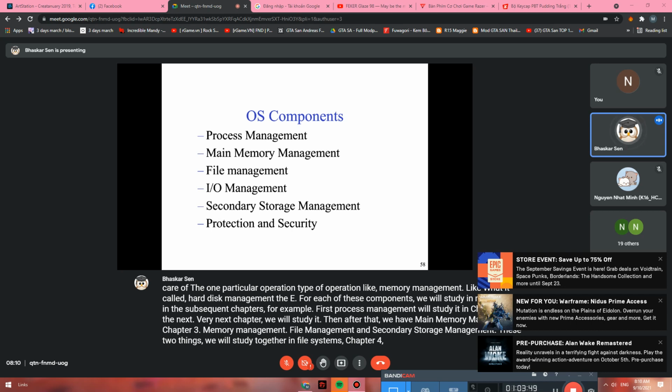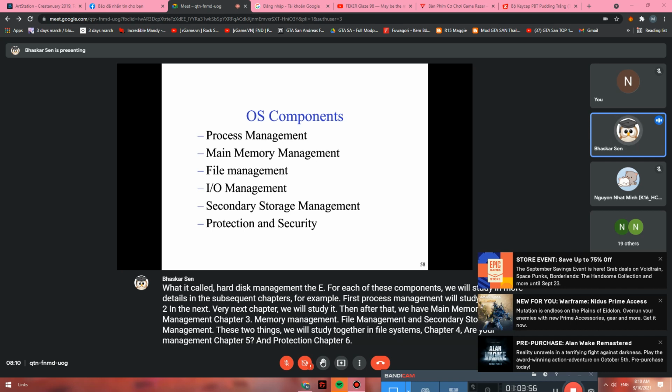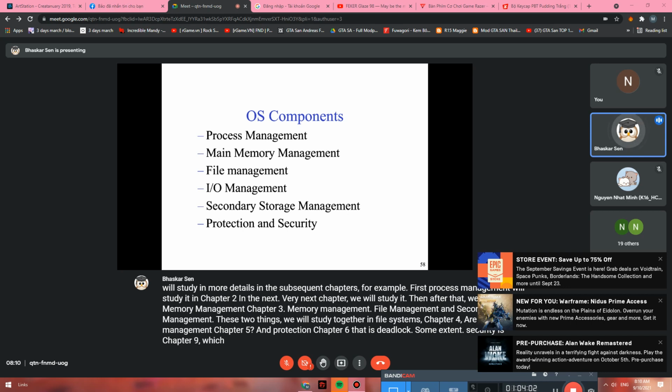I/O management, chapter 5. And protection, chapter 6, that is deadlock to some extent. Security is chapter 9, which is out of our syllabus, but if you want, it's in the book and you can study it as well.